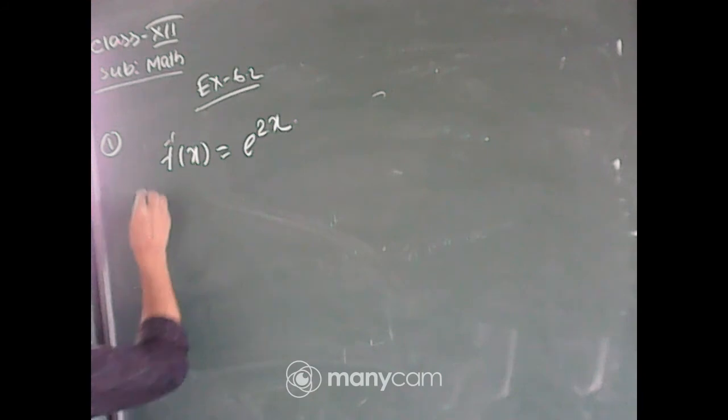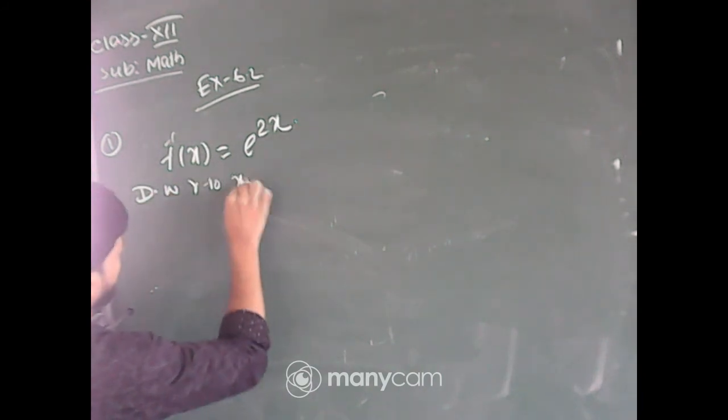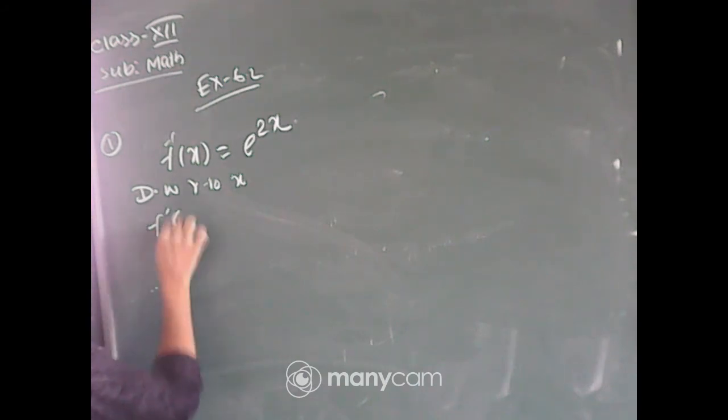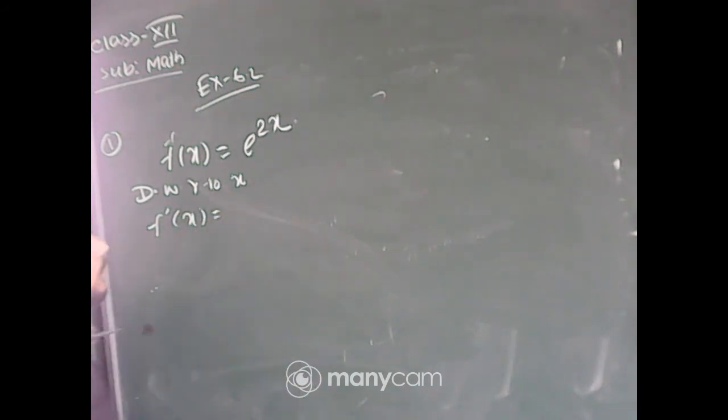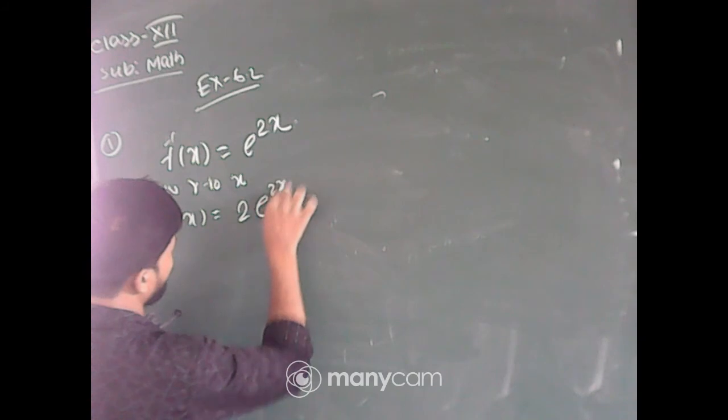Differentiating with respect to x, we have f dash x is equal to, now tell me, what is the derivative of e to the power 2x? Yes, 2 e to the power 2x.